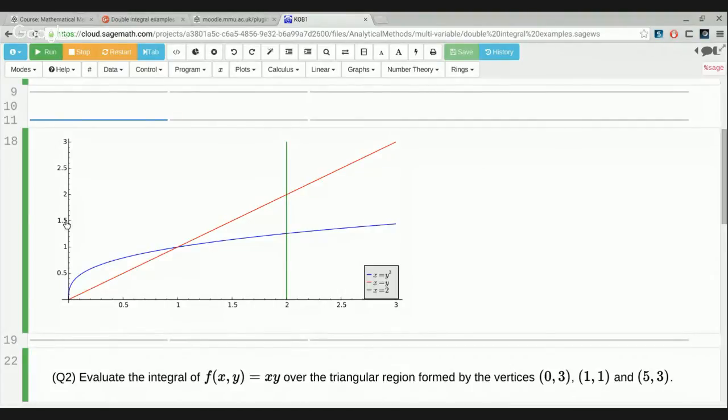See, the curves look like this. This curve is the x equals 2 curve. This curve is the y equals x curve. And this curve here, the bottom boundary, that's the x equals y cubed curve, or think of that as y equals x to the third.